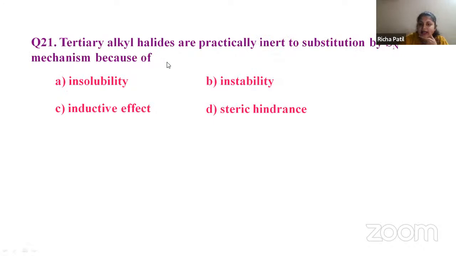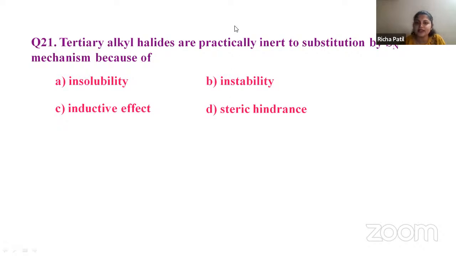Tertiary alkyl halides are practically inert to substitution by SN2 mechanism because of what? Why are tertiary alkyl halides not very reactive towards the SN2 mechanism?